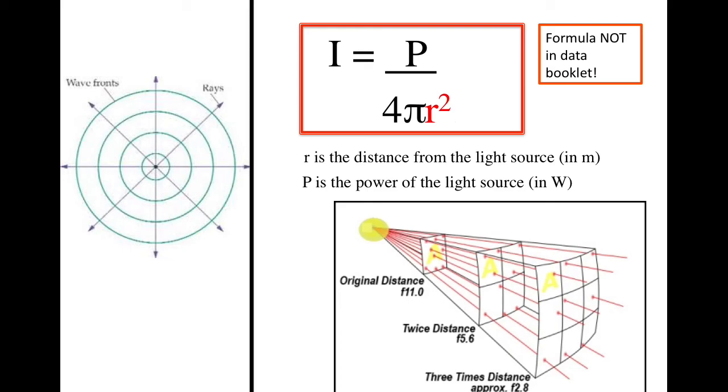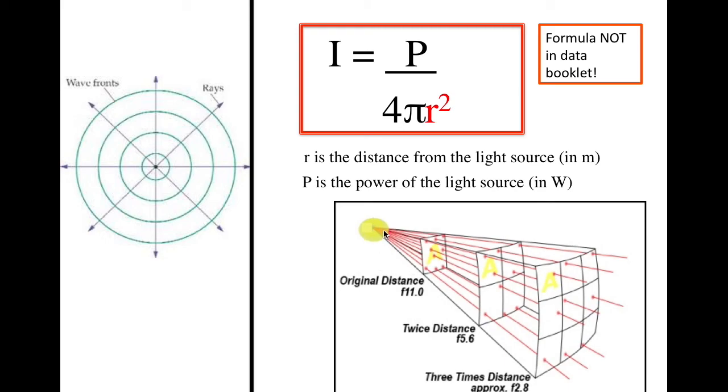As the energy continues to move further away from the point source, there will be larger spheres of area. The intensity then would be spread out over a larger area. So the intensity will decrease by 1 divided by r squared, because this is the only variable that is changing. As radius increases, the denominator becomes larger and the intensity will decrease.